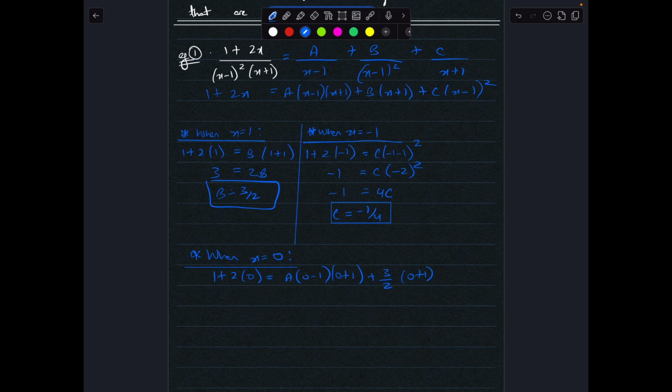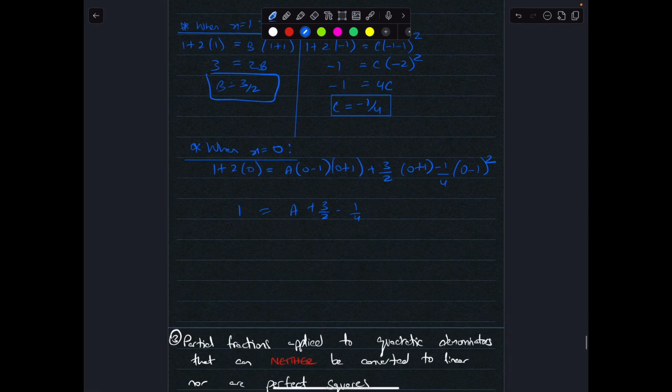And finally I have to substitute c and 0 minus 1 whole square. Thus, after simplifying, I have something like 1 is equals to a plus 3 over 2 minus 1 over 4, and a turns out to be 1 over 4.